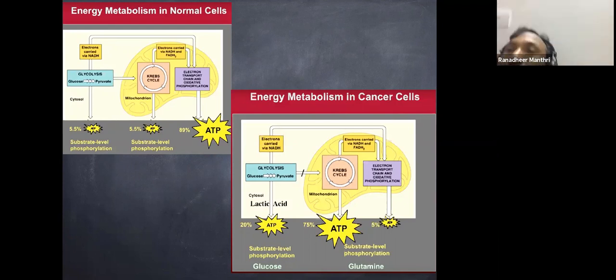Why? The reason is that the Krebs cycle also gives part to substrate level phosphorylation, which is contributing to 75% of ATP. So the powerhouse still remains the mitochondria. But in the mitochondria, it is not the electron transport chain in cancer cells. It is the Krebs cycle by substrate level phosphorylation.